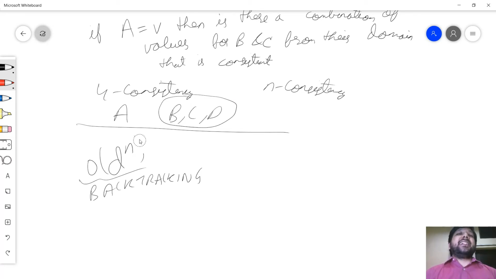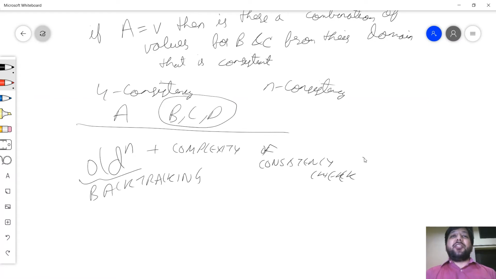So because I added two consistency, three consistency, my algorithm actually has a complexity of whatever is needed by backtracking with all the heuristics. So this is the worst case, not the average case, plus the complexity of consistency check. And because you apply it for all of them, it's actually multiplied.